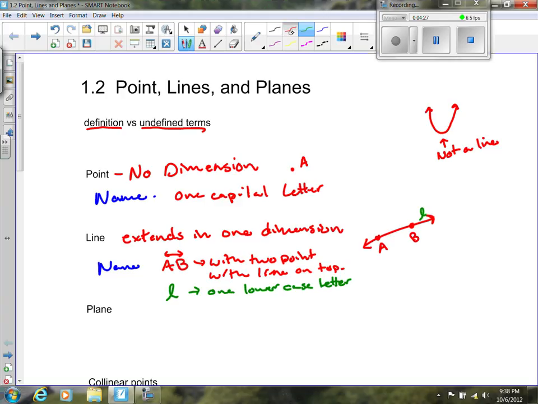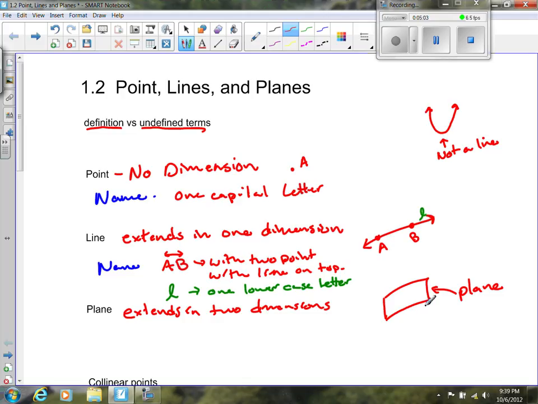The next thing, a plane extends in 2 dimensions. Okay, it extends in 2 dimensions, and if you're going to draw a plane, oftentimes you draw a rectangle. Now it actually would keep on going in these directions.